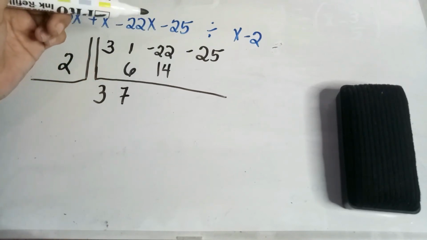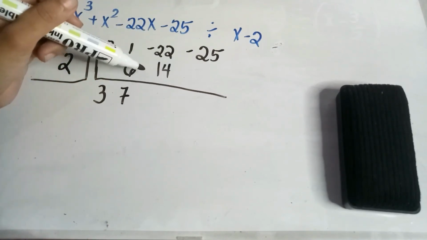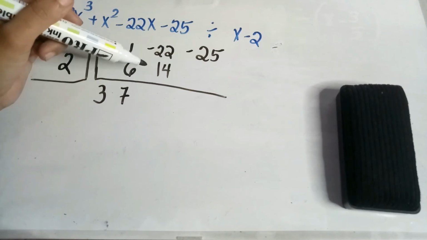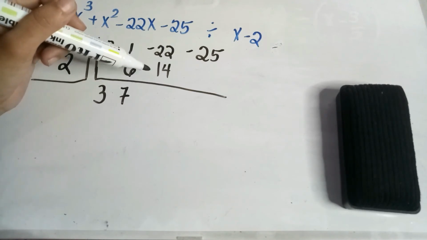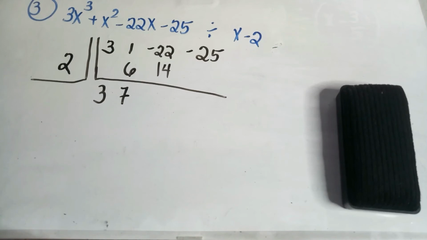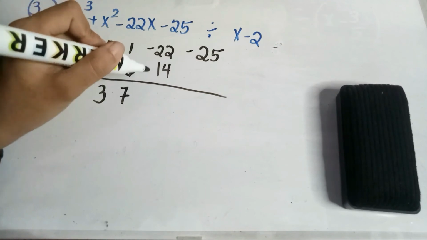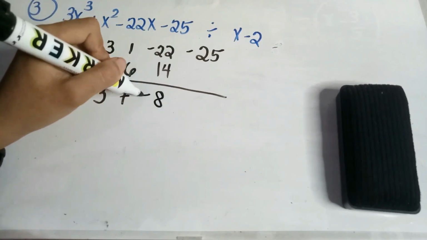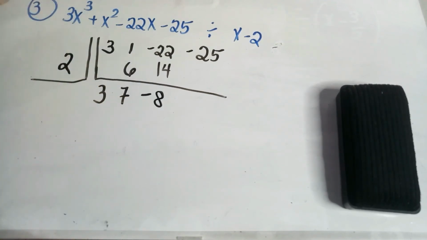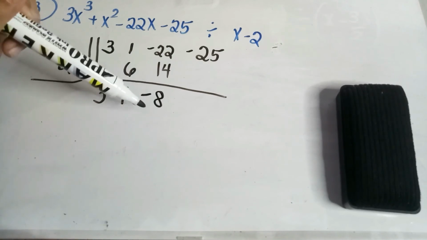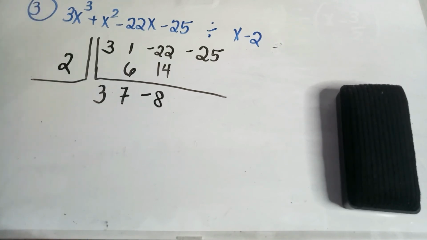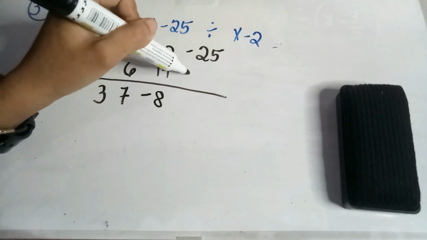Then negative 22 plus 14, different sign, so we need to subtract. 22 minus 14 is equal to 8. So we have negative 8. Then negative 8 times 2 is equal to negative 16.